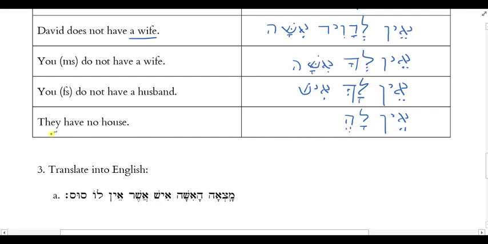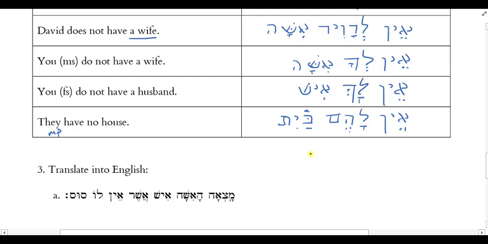We haven't specified, right? Let's do masculine plural. Lahem. Ein lahem. And then what? Bayit. They have no bayit because they didn't buy it. Ein lahem bayit. Okay, good.